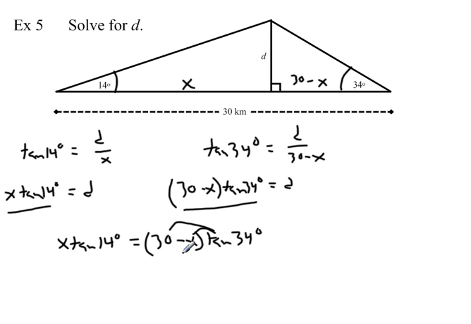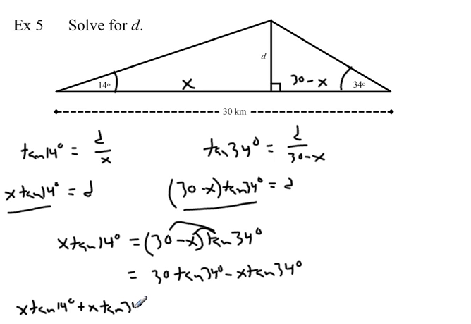Let's distribute this to clean this up. So now we can say that must be equal to 30 times the tangent of 34 degrees minus X times the tangent of 34 degrees. And now if we get our X's on the same side, we can say X times the tangent of 14 degrees plus X times the tangent of 34 degrees equals 30 times the tangent of 34 degrees.